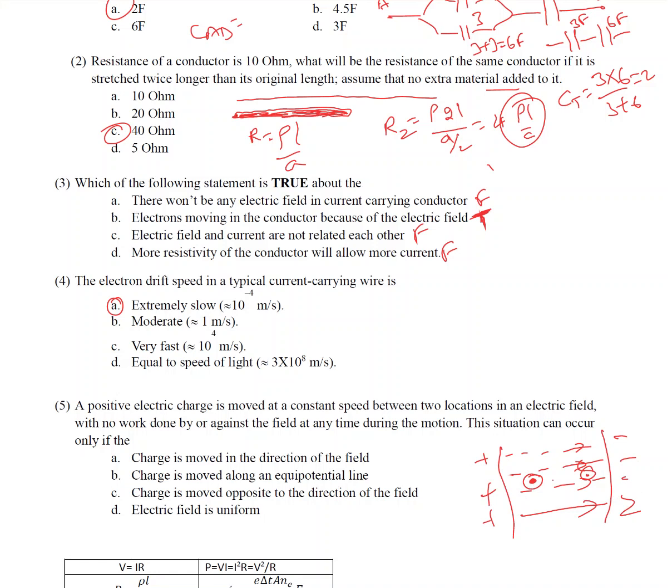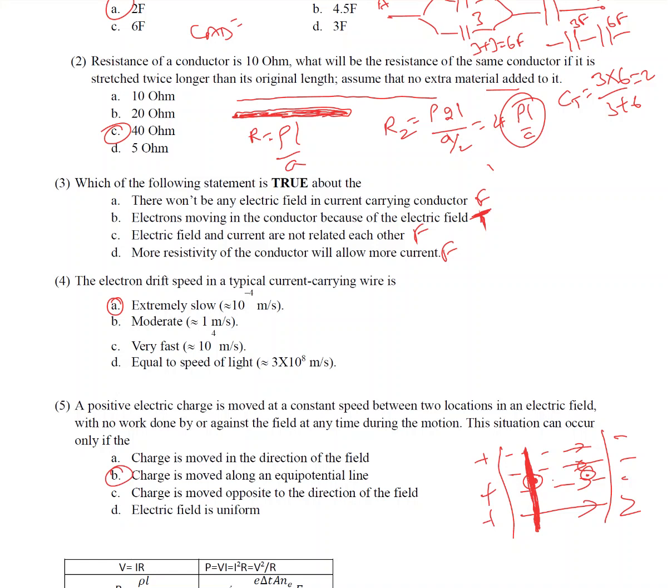So to move either an electron or a proton from one place to another, we have to spend some energy. But to move the electron along this line, which is called an equipotential line, we don't need to spend any energy. So if a charge is moved along an equipotential line, we don't need to spend any energy. That's what it says.